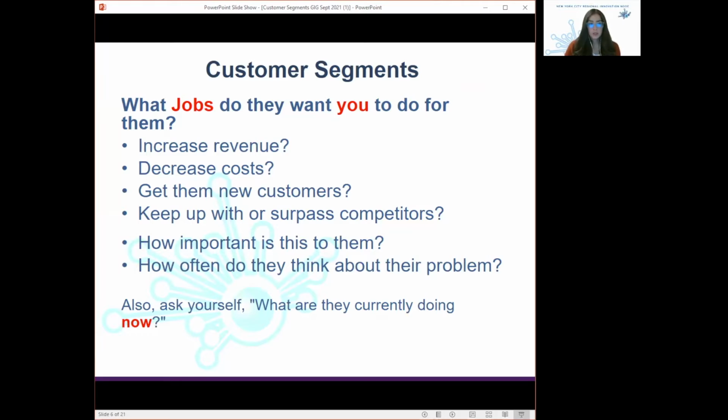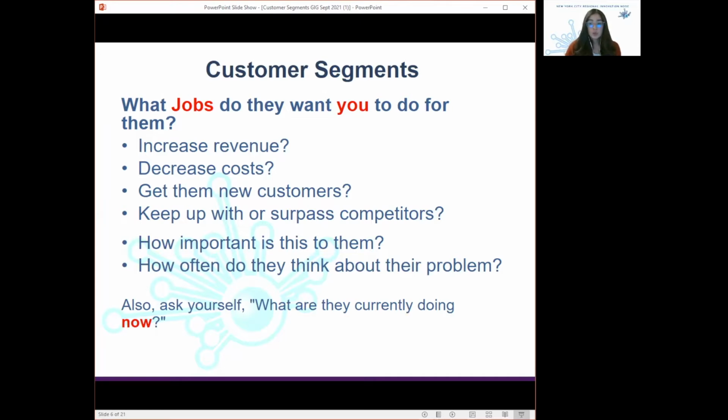Is it increasing revenue, decreasing cost, getting new clients, or keeping up with competitors? Also, consider how important these jobs are to them and how often they think about the problem or how much time they spend solving the problem now.